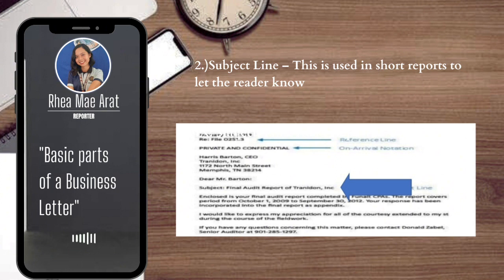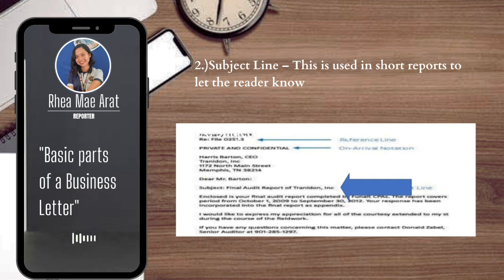The subject line is under the salutation. And then the subject should be short and direct, clearly representing to the recipient what your letter is about. It may be placed above or below the inside address, may be flush to the left, indented or centered.